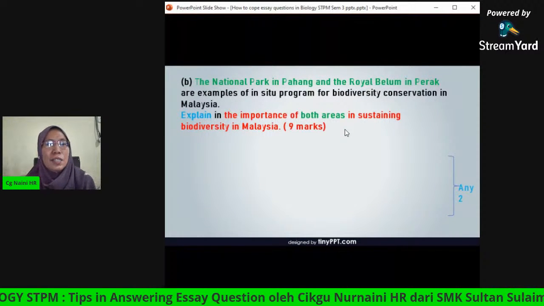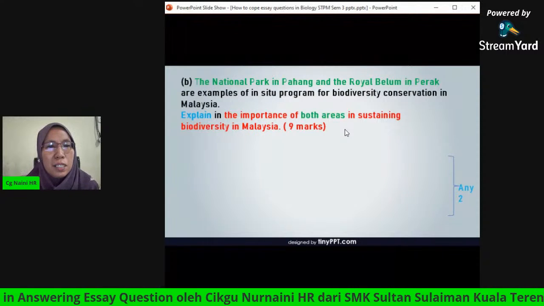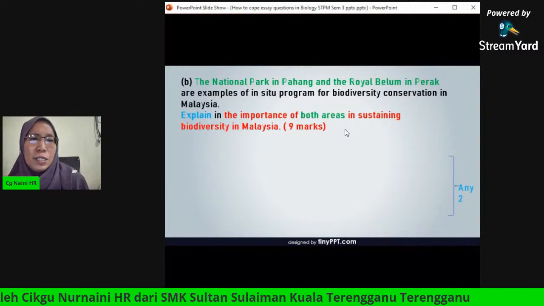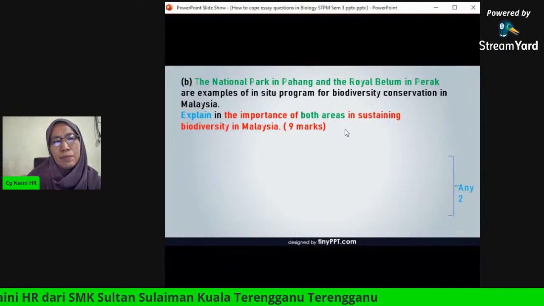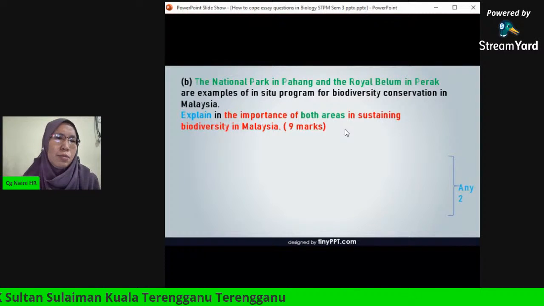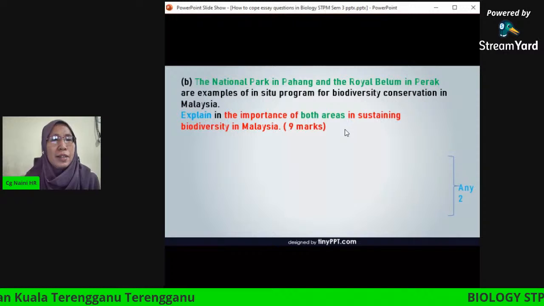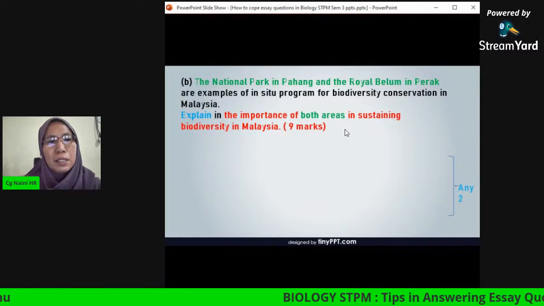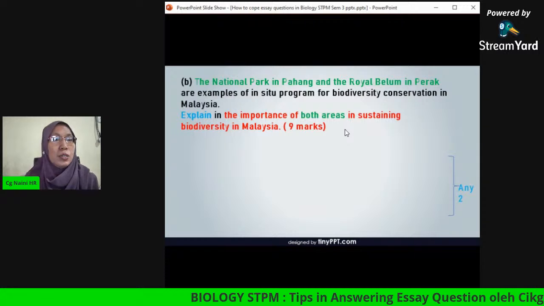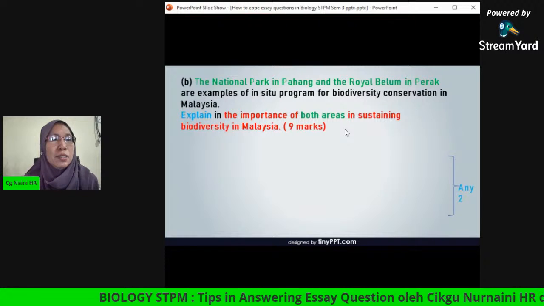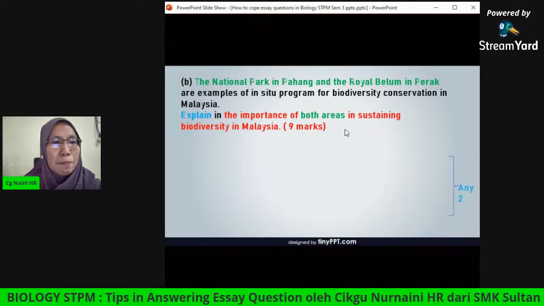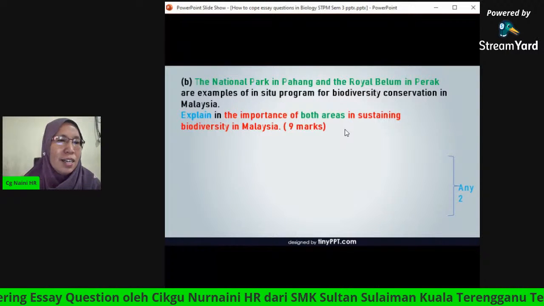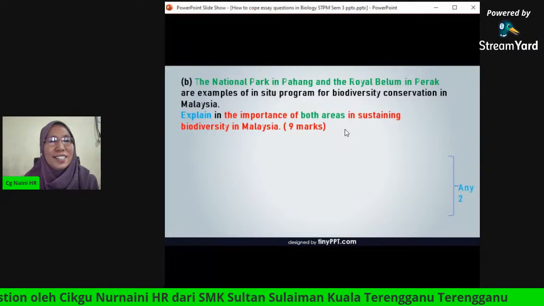another type. For the biodiversity, if the question is like this, a partial question, the question states the example of the park or the conservation in Malaysia. So this is a real example. The National Park in Pahang and the Royal Belum in Perak are examples of in situ program.